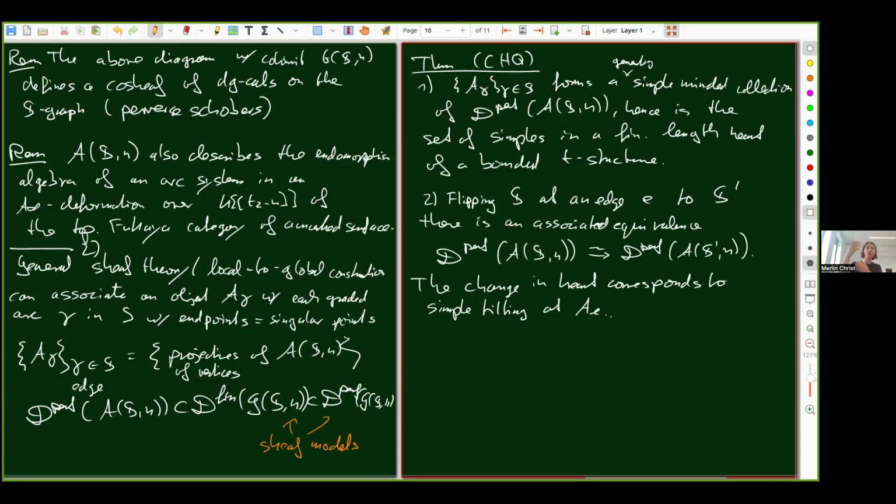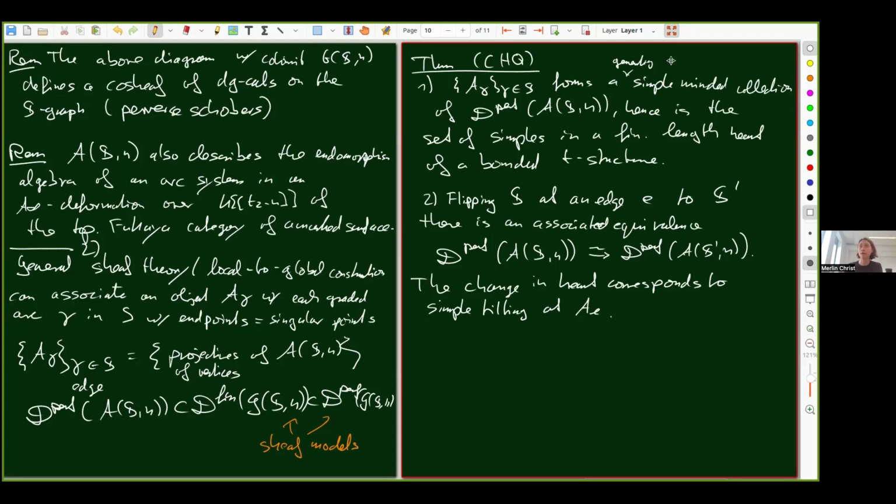Simple tilts of the simple-minded collection in this category correspond exactly to flips of the S graph, which in turn correspond exactly to flips of the mixed angulation. So this gives you a very nice geometric interpretation of the simple tilting theory of this class of n-Calabi-Yau or relative n-Calabi-Yau DG categories.